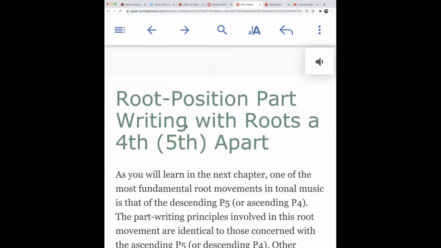If our bass motion is moving by a fourth or a fifth, what do we know? We have 3 ways we can work with it. Common tones and stepwise.